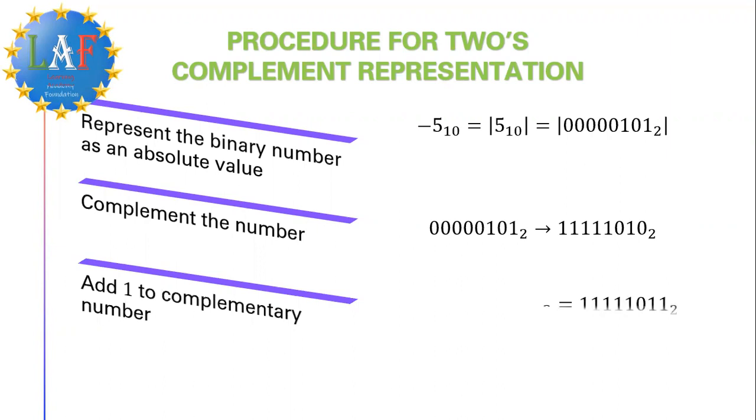And then add 1 to the complementary number. So 1, 1, 1, 1, 1, 0, 1, 0 plus 1 is 1, 1, 1, 1, 1, 0, 1, 1 in base 2. So we can say that negative 5 in base 10 is equal to 1, 1, 1, 1, 1, 0, 1, 1 in base 2.